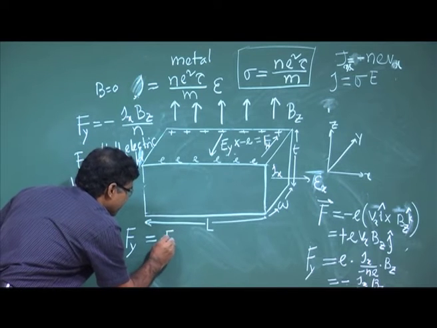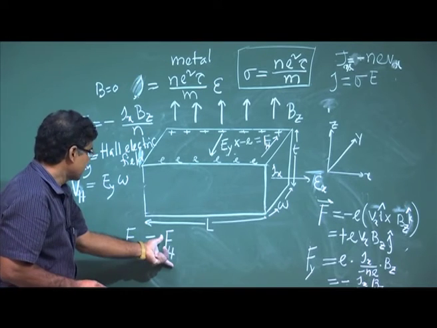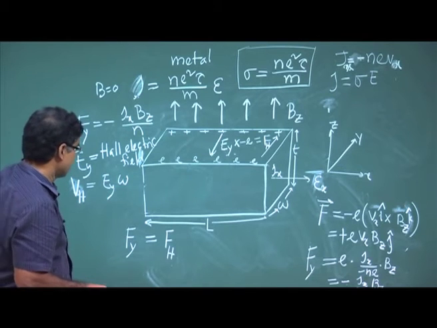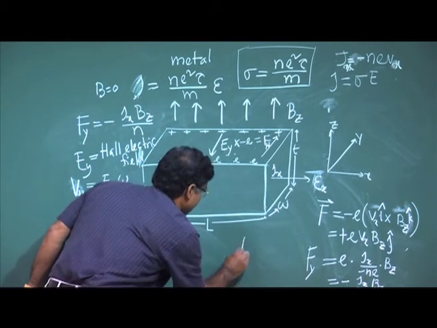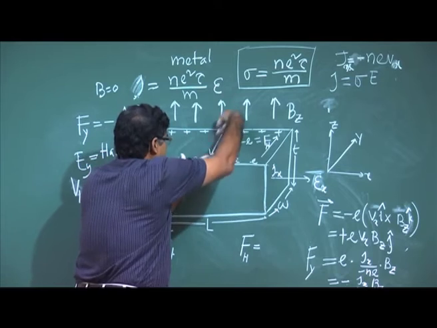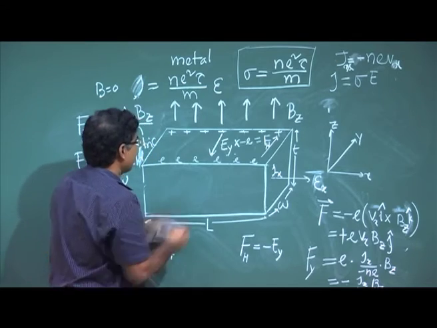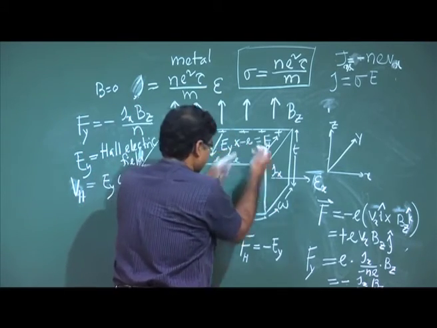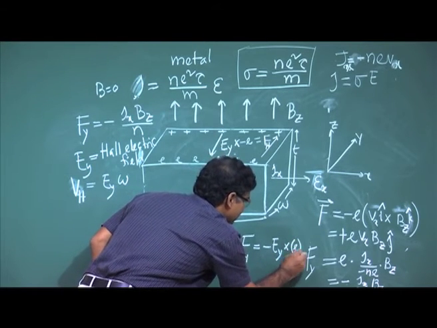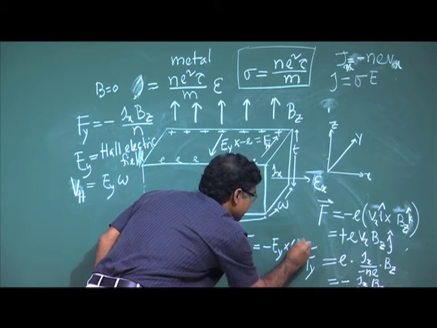If I write F_H, the force due to this Hall electric field, this F_H has to be equal to my E_y, it is in this direction. So, if I consider direction, minus E_y, and it is acting on this negative charge, so I have to write minus e.